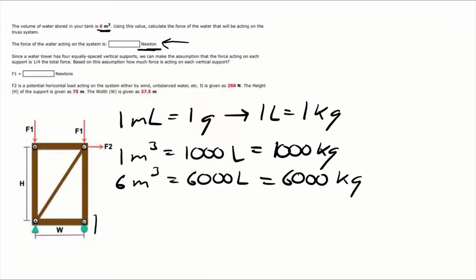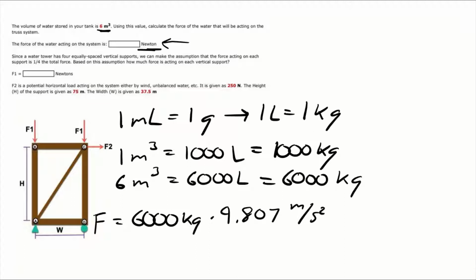So to find force, which I'm going to call just F, we'll take the weight of the water, which is 6,000 kilograms, and multiply that by the gravitational constant, 9.807 meters per second squared, which gives us roughly 58,842 newtons. So the answer to the force of water acting on the system, in my case, is 58,842 newtons.